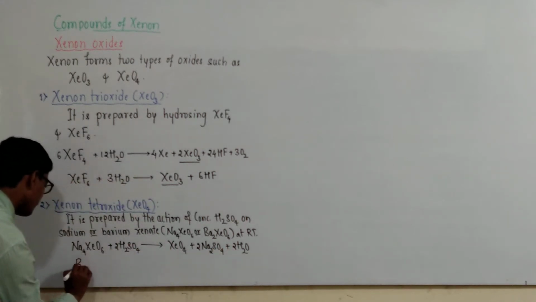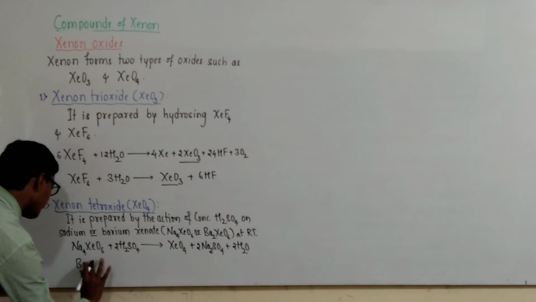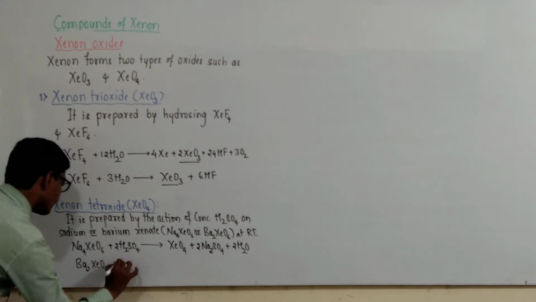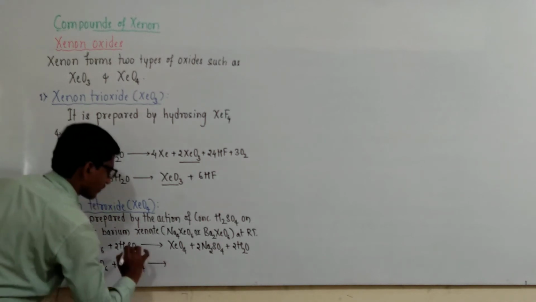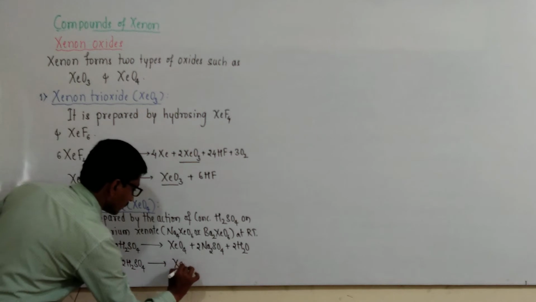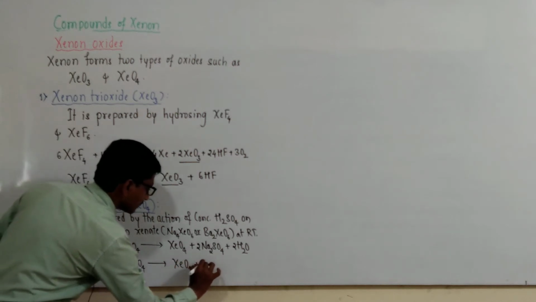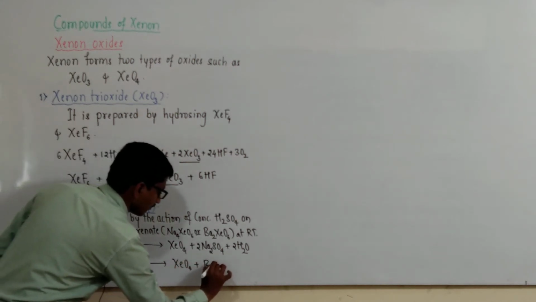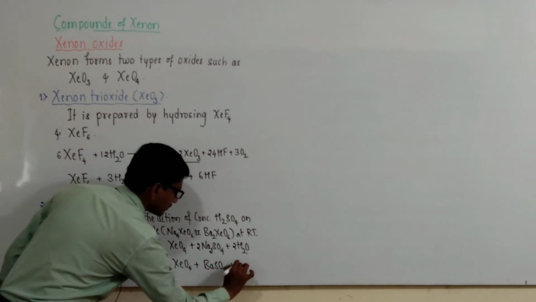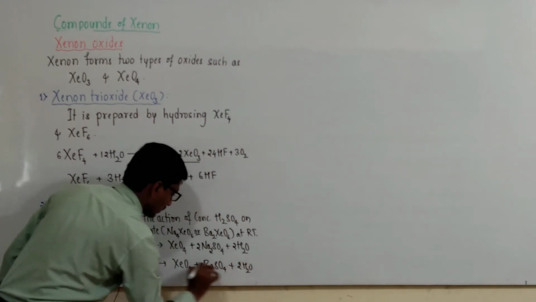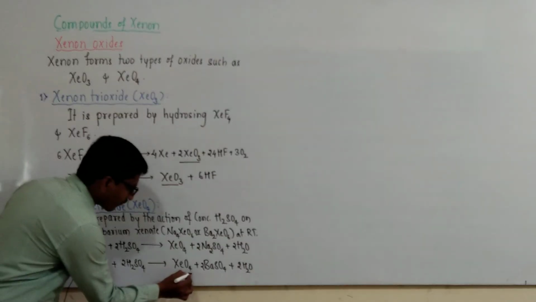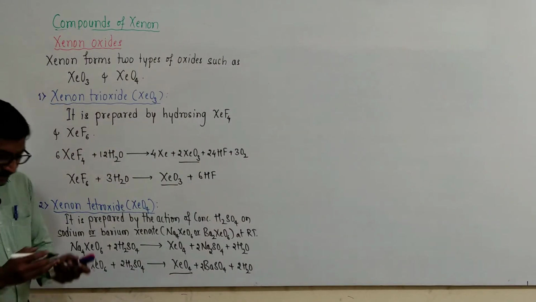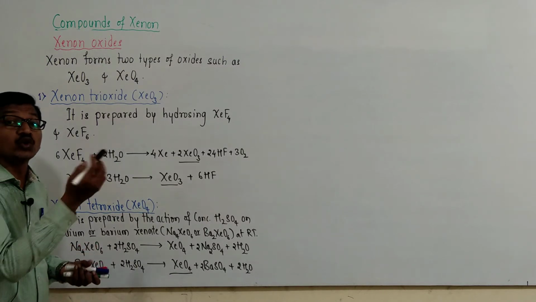Similarly, Ba2XeO6 plus H2SO4 at room temperature forms XeO4 plus BaSO4 plus 2H2O. This xenon tetroxide is a yellow crystalline explosive solid.